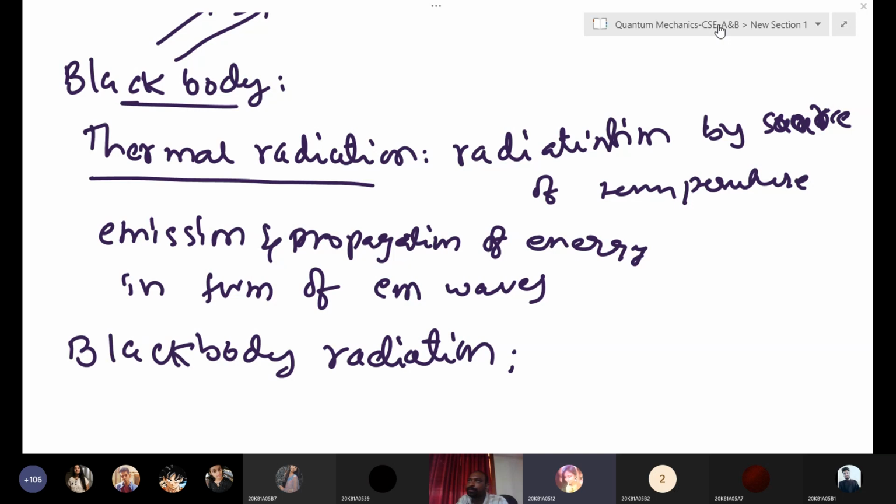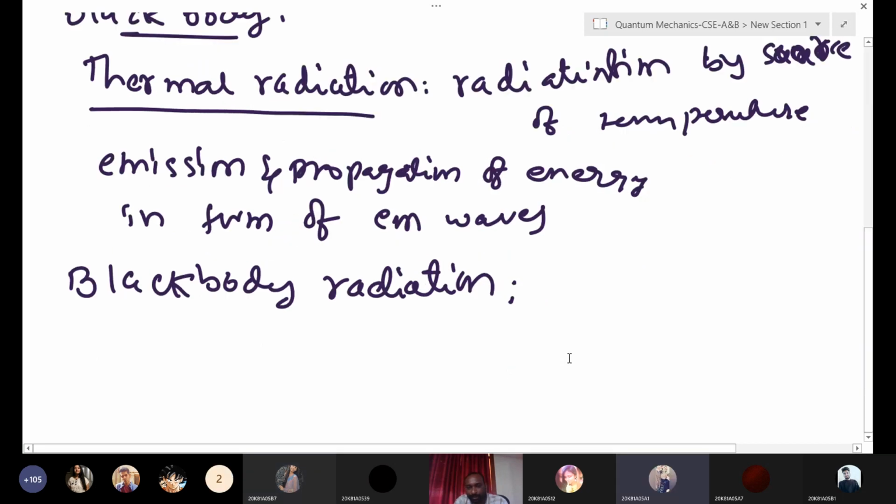It will absorb the complete light. An object that absorbs all radiation incident, falling on it, at all wavelengths. Yeah, good.